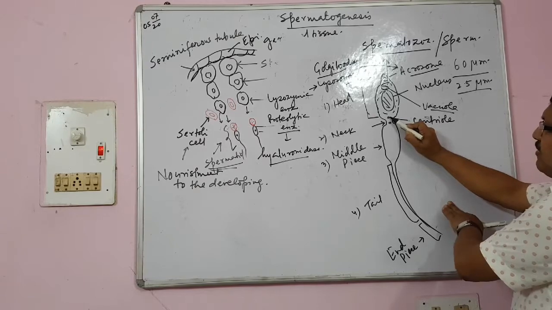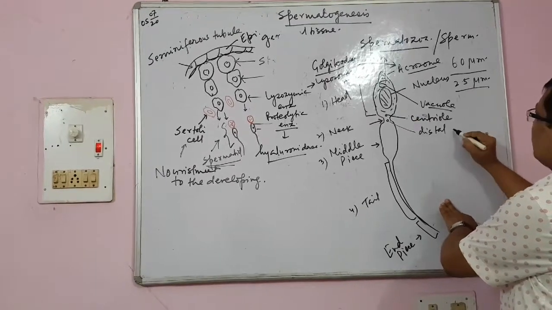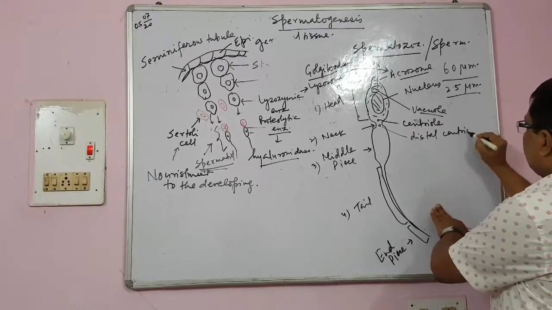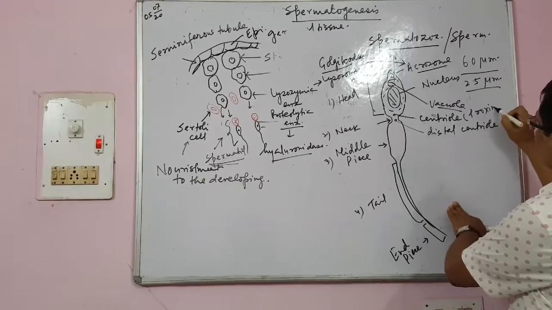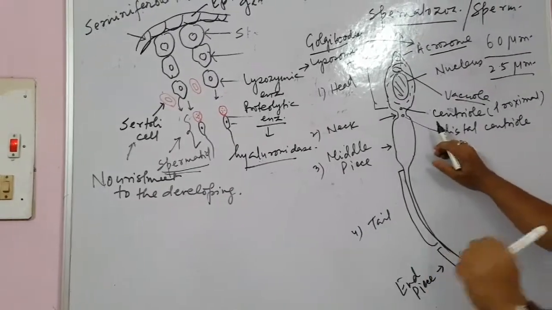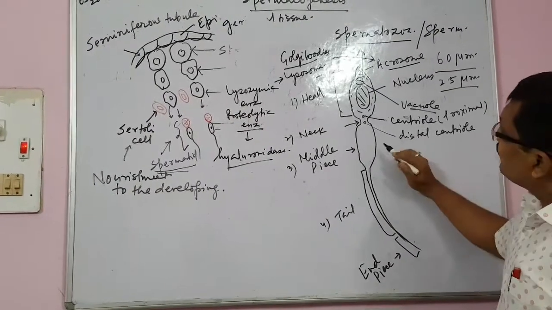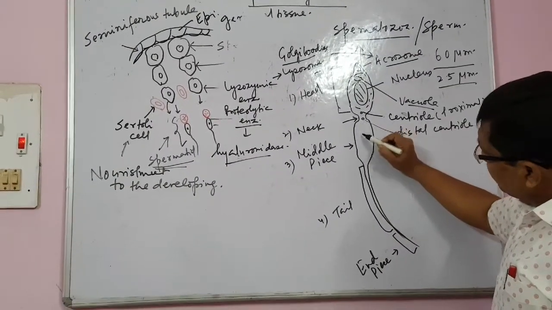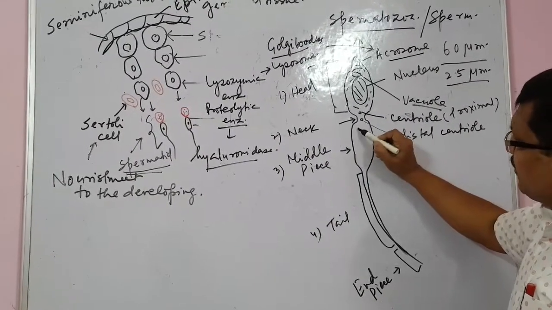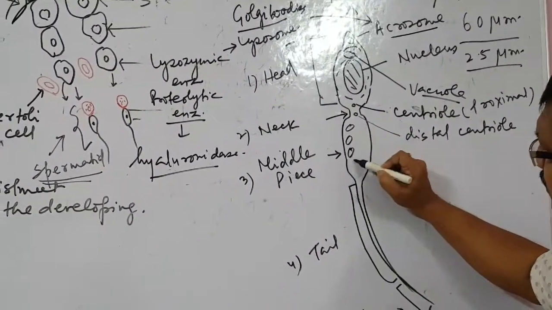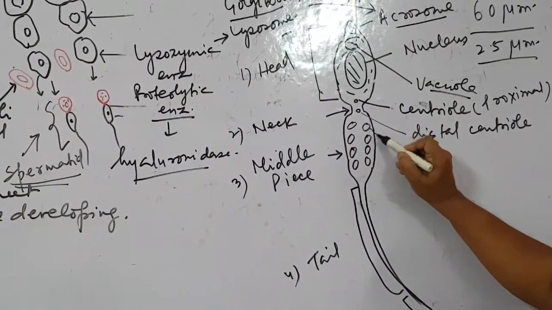A pair of centrioles is present: this one is the proximal and this one is the distal centriole. Both are located in the neck region, and this part is the middle piece. In the middle piece, 4 sets of mitochondria are present.